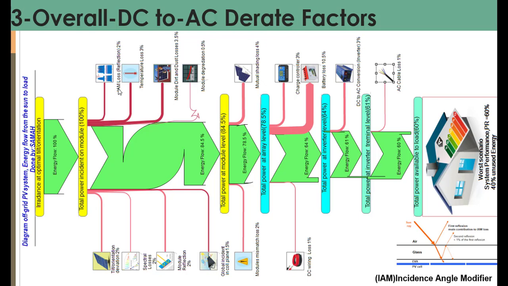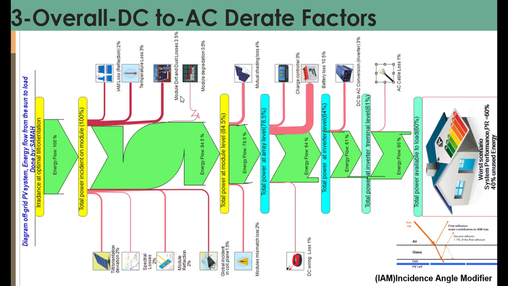Each source has an optional loss value. As an example, incidence angle modifier IAM losses due to reflection, and temperature losses, as we discussed before. This value may be decreased, or may be increased, according to the temperature or ambient temperature of the site. This is just an optional value.